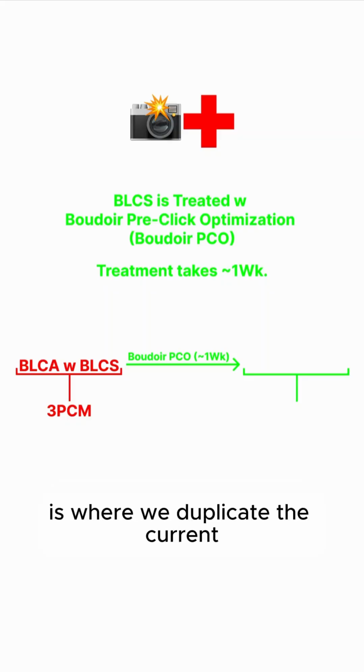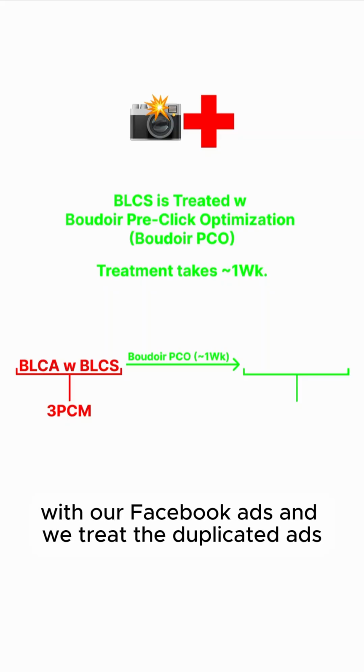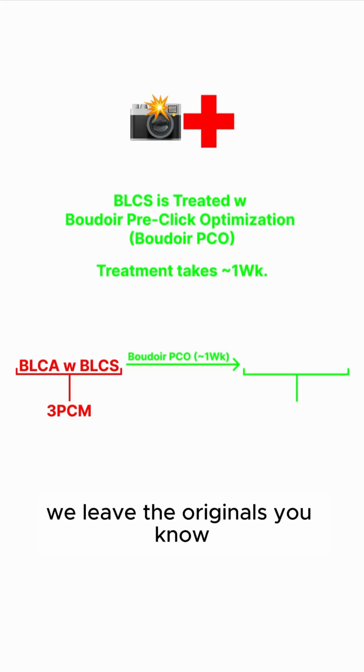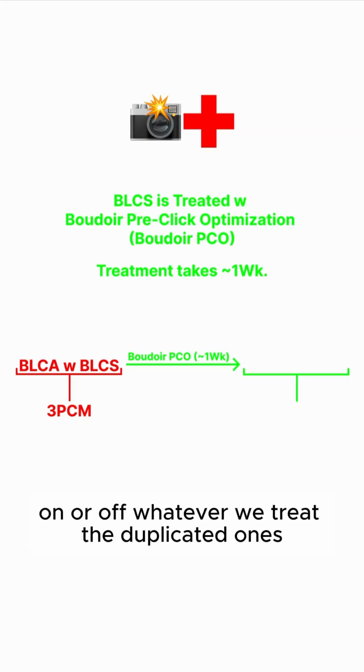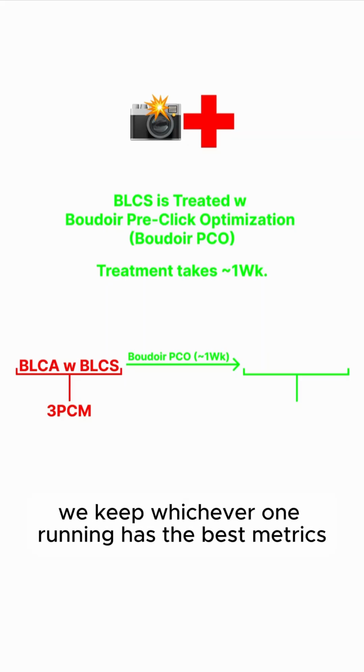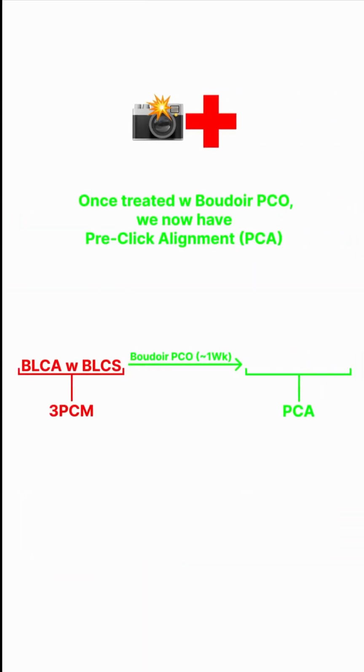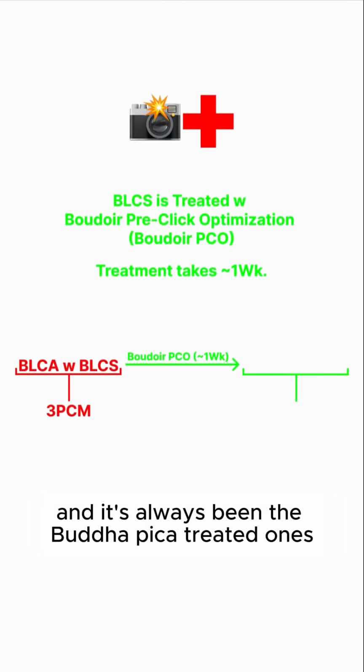Now, we invented this. This is where we duplicate the current Boudoir Facebook ads and we treat the duplicated ads. We leave the originals, on or off, whatever. We treat the duplicated ones, and at the end of the week, we keep whichever one running has the best metrics. And it's always been the Boudoir Pico treated ones.